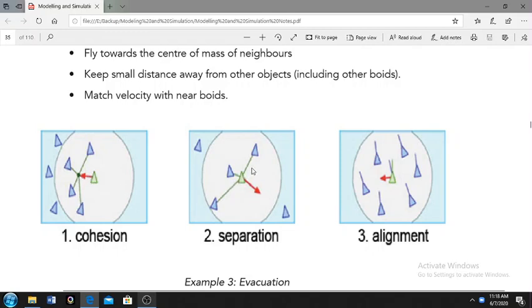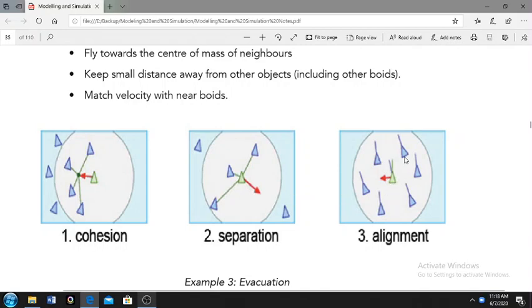They can try to move from a certain point and take different directions. So here cohesion means they're all going to the same point. They're all targeting to reach the same point. And separation, they're moving from the same point and taking different directions.